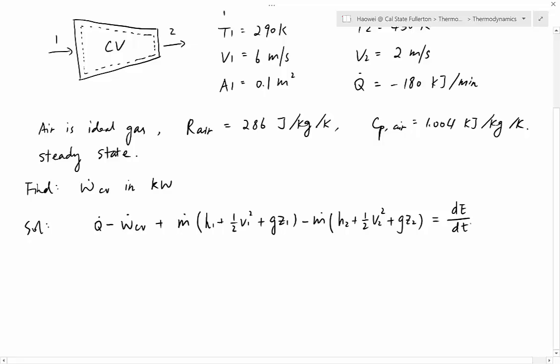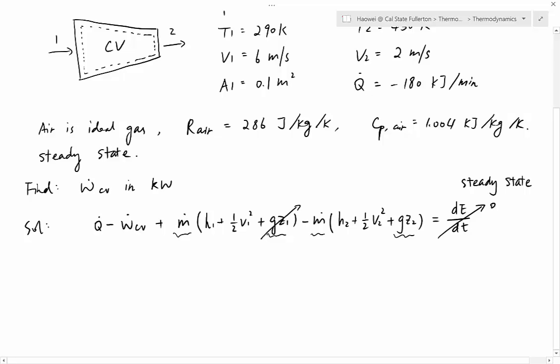And then we do the same thing. We will simplify this equation. First of all, the right-hand side goes to 0. The reason is the system is at steady state, no change over time. And then the second thing we can cancel is the potential energy. m dot times g z1 minus m dot times g z2. Z1 is equal to Z2 because the height does not change.